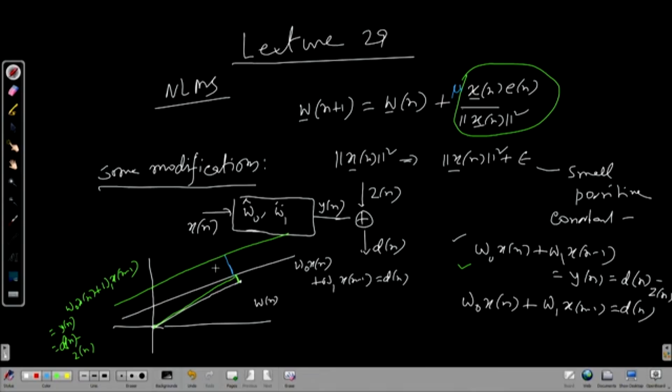Now, you can ask a question: how do you know that this parallel line will be above this? So, I have to expand this much, is it not? Mu is positive, but the parallel line could have been below, because it just depends on z(n). z(n) is noise, sometimes positive, sometimes negative. So, in that case, we have to project on this side, opposite of this. So, that actually should be negative that way.